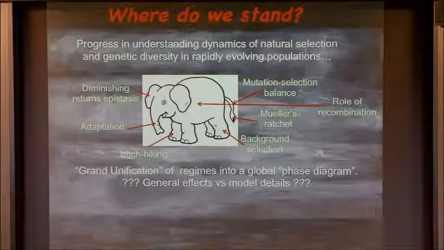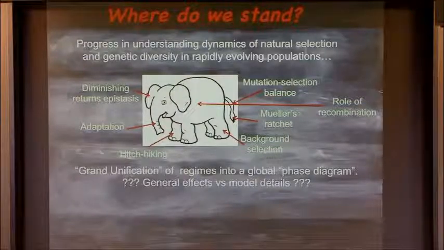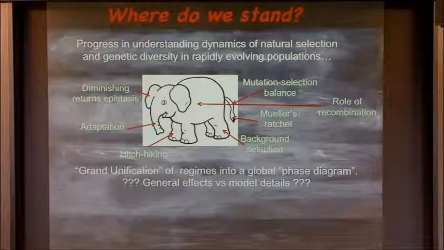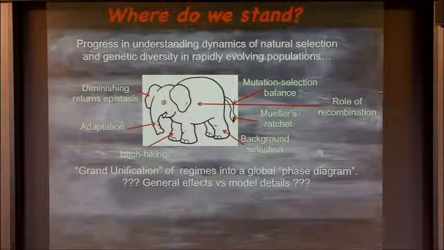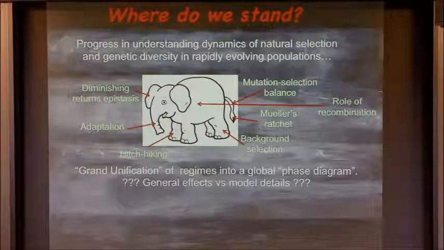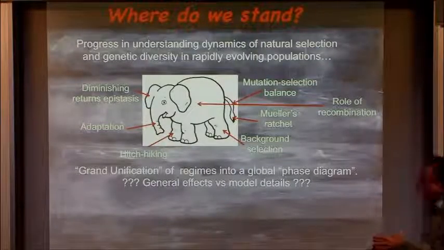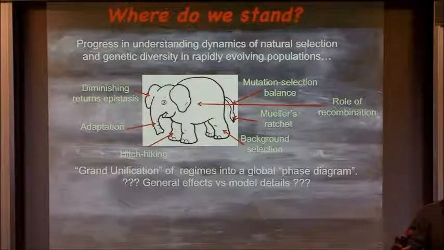But what we need is some sort of a grand unification of these models. And we're already beginning to realize that many of these different models studying different aspects of the phenomena, be it Muller's ratchet or adaptation, actually have a lot in common.